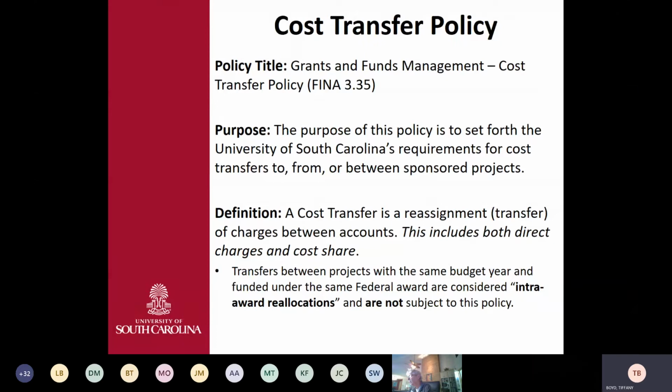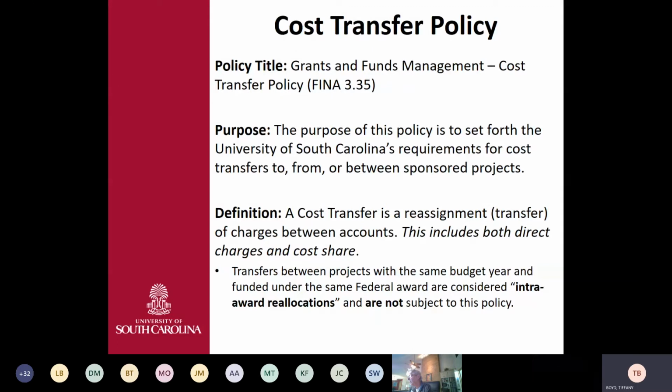So in their eyes, even though the mechanism in which we record cost share may not mean that we're moving the actual expense, placing that tag on it is in essence a cost transfer. So don't get confused by the way that we process cost share here with what actually makes it a cost transfer in the eyes of external sponsors.